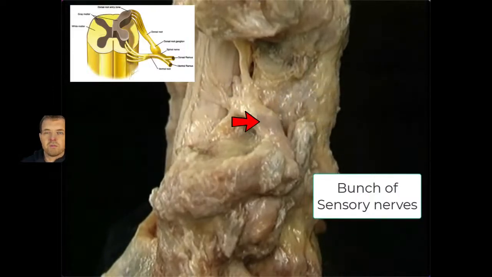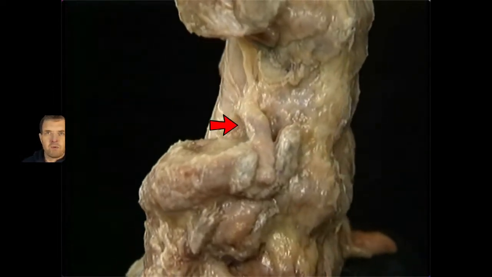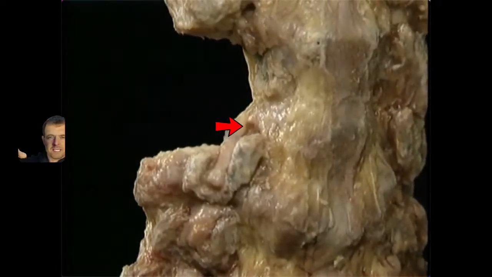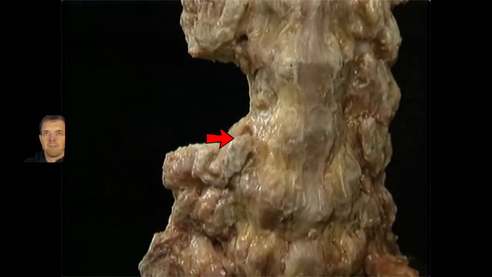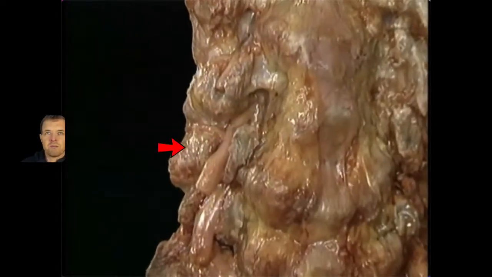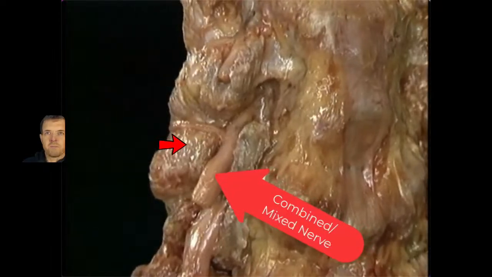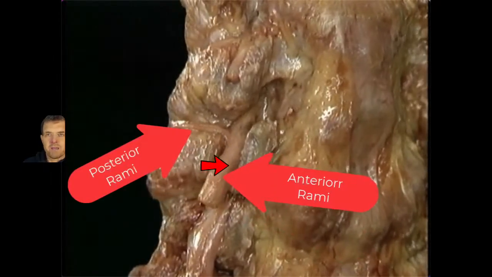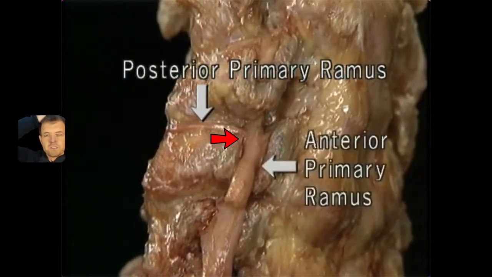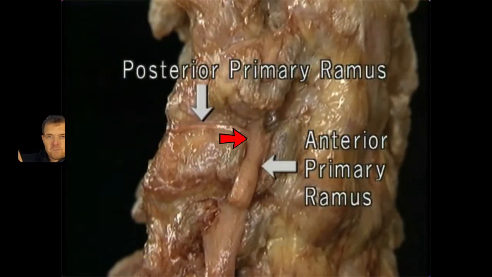So there's your dorsal root ganglion. We were talking about that before as well, about being an area where there may be some irritation on the DRG. And then again, you can see it with everything back on there. So as it's coming out here, we've got a mixed nerve. We talked about this over the last few weeks. So it's both sensory and motor.